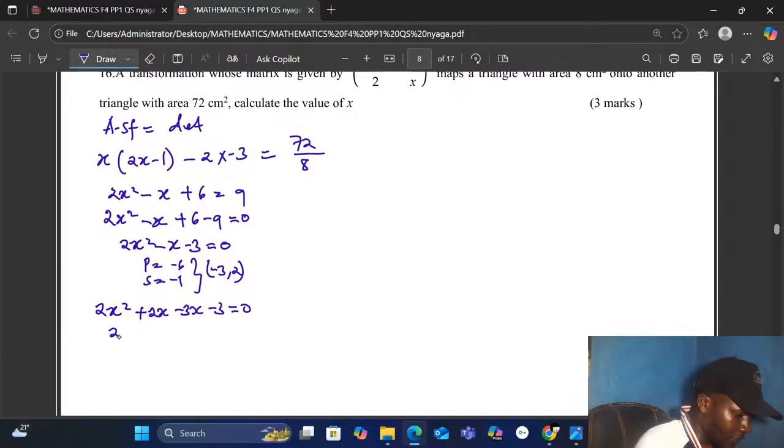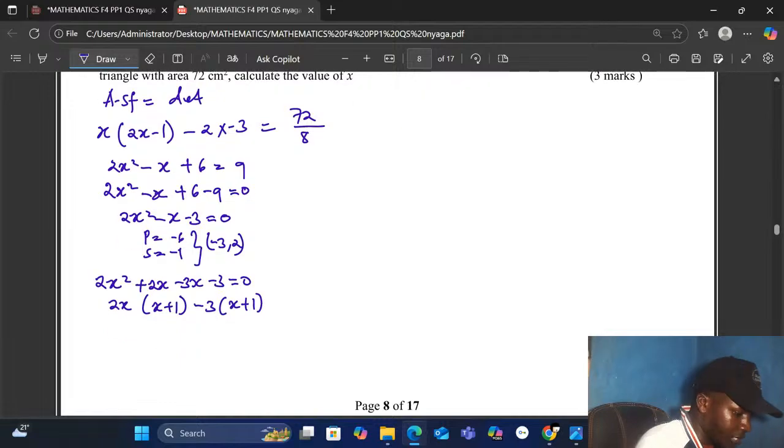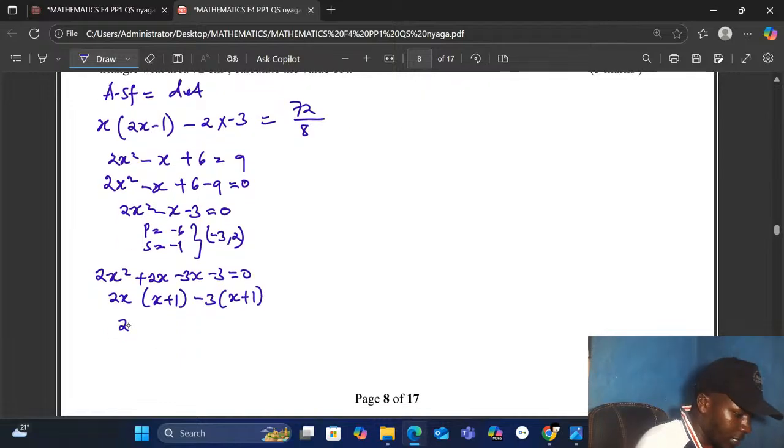So now we have 2x into x plus 1, we factor out 2x, then minus 3 into x plus 1. So we now take 2x minus 3, then one of these, which is x plus 1, which is equal to 0.